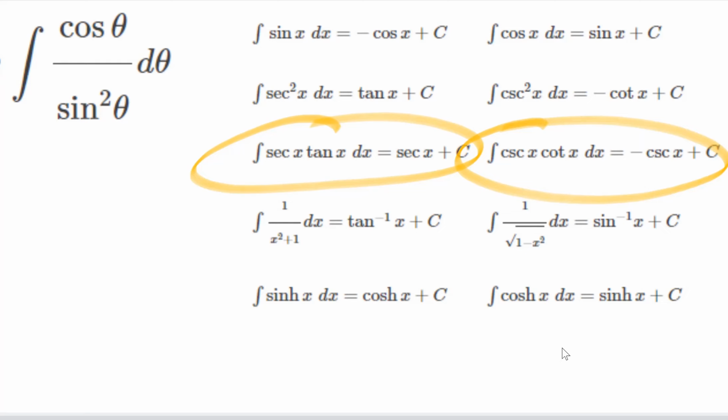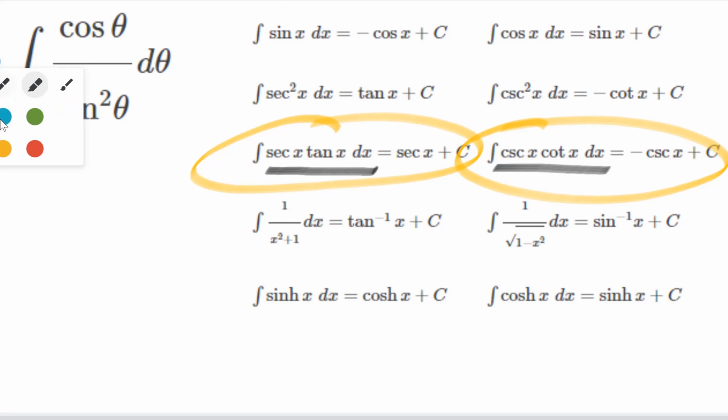Break up the sine and then turn one of those into a cotangent, and the other one turn into... Yes. All right. So if we're looking at these, we have secant, tangent, and cosecant, cotangent. So right now, somehow I've got to get a tangent or cotangent in there somehow. And those are basically sine over cosine or cosine over sine.